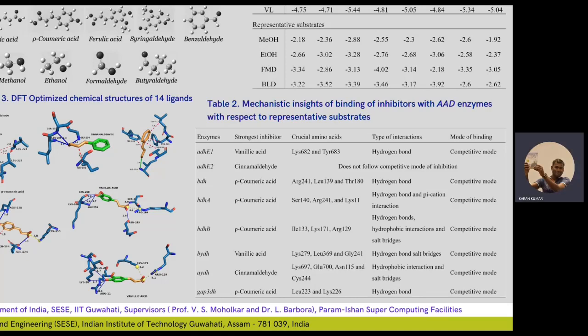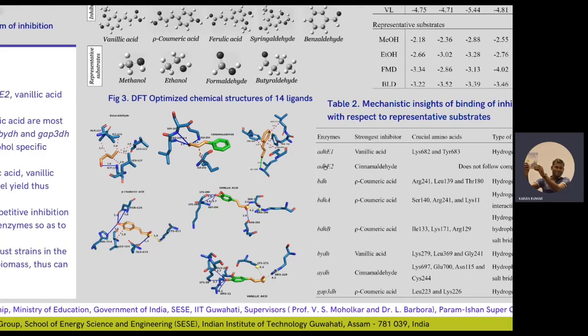In the mode of binding, it can be seen that most of the enzymes follow the competitive mode of inhibition, and the type of interaction prevailing in all types of enzymes was hydrogen bonding. However, hydrophobic interactions, salt bridges, and formation of pi-cation interactions were also seen in some of the enzymes with their strongest inhibitor.